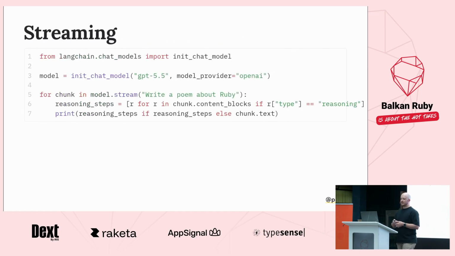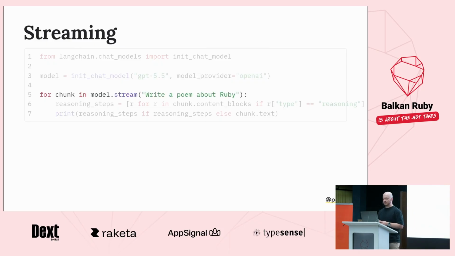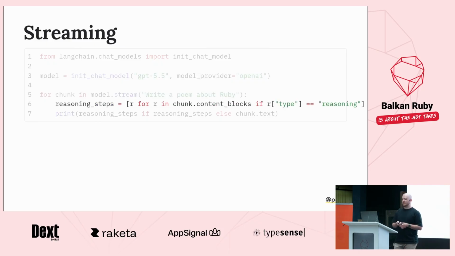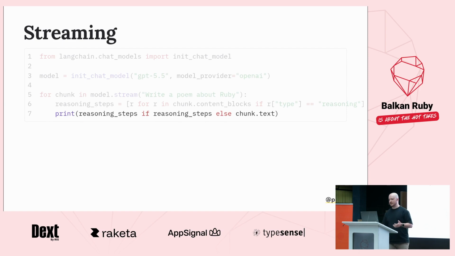Streaming is also interesting. So they make you use a list comprehension, if you've never seen it. It's like a for loop inside an array, essentially, in order to separate reasoning steps from actual content in the chunks. And then you need to separate these two also with an if statement. Why?